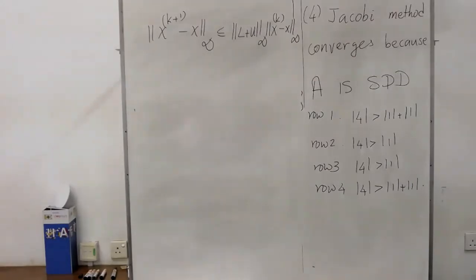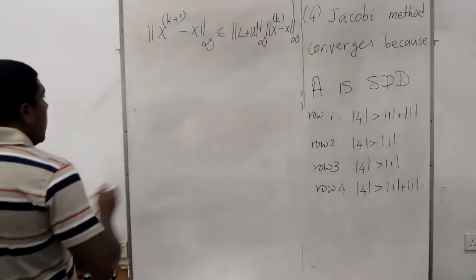This is the standard way of writing the iteration for the system Ax equal to b.